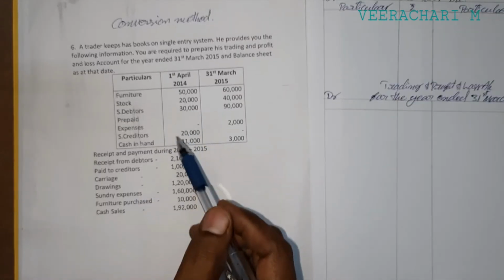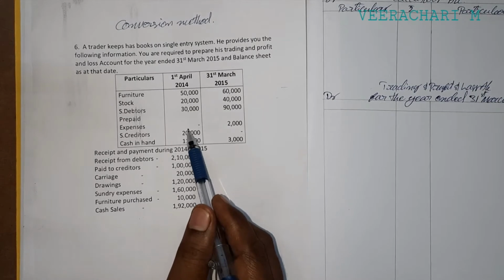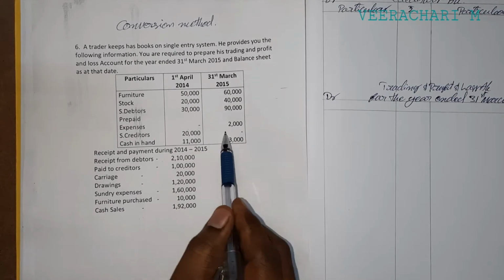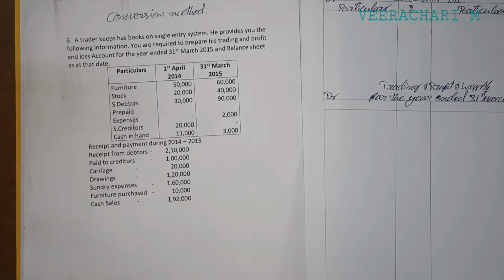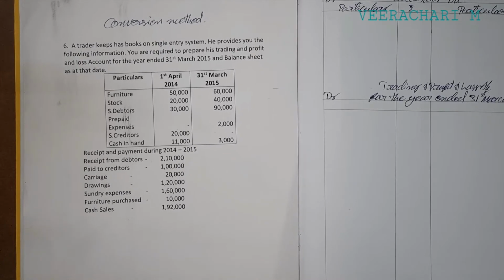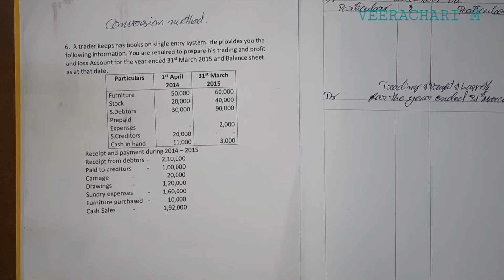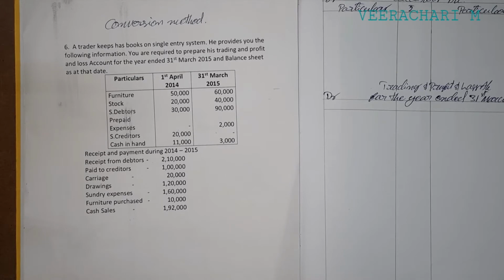The information is given only as closing balances of balance sheet items, plus additional information. With this information we should prepare the trading and profit and loss account also. It's a somewhat difficult method. It should be understood perfectly. I think after this video your doubts will be clarified.